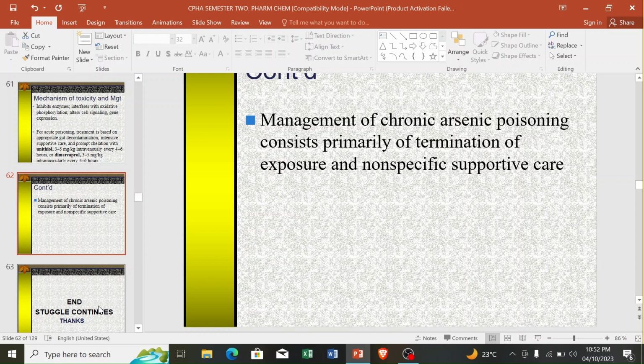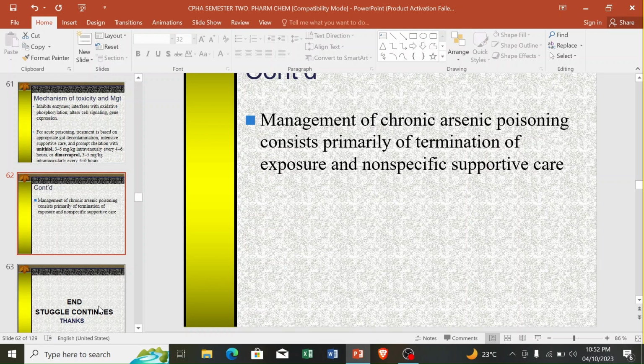Look at what the cause was, how did the patient get exposed to that, and make sure that it is discontinued.